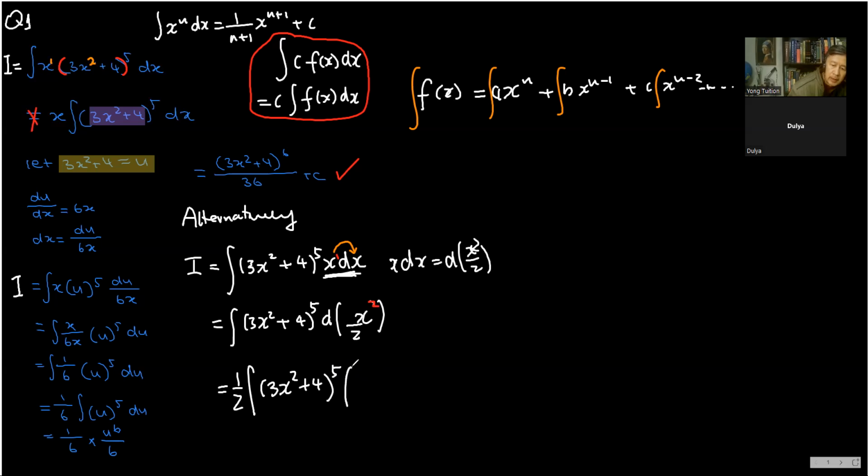And the half has been moved outside, right? But I need the 3 here, so I put the 3 here, and then put the 3 afterwards. We got the 3, that's 6. That's 3x squared plus 4 to the power 5.